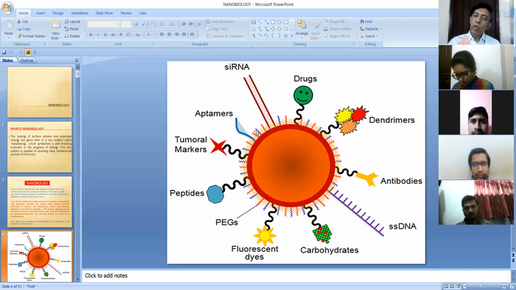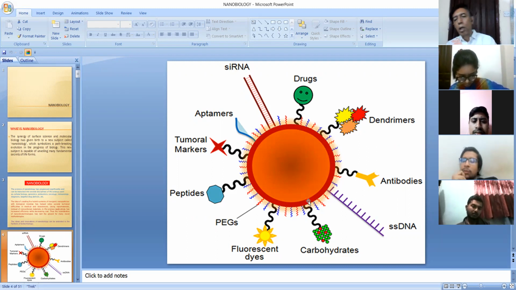With this gold quantum dot, with this gold nanoparticle, you can hybrid it with drugs. You can hybrid the gold quantum dot with dendrimers, with antibodies, with DNA, or you can connect it with carbohydrate.